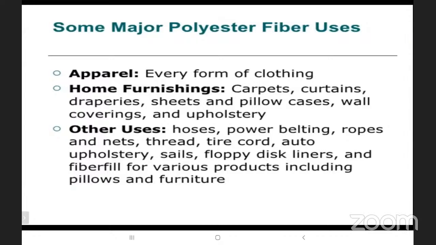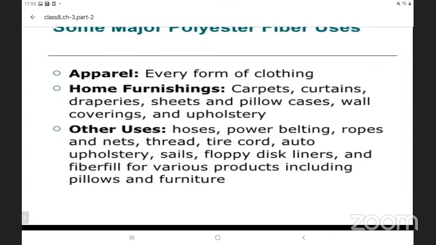And other uses: hoses, power belting, ropes and nets, thread, tire cord, auto upholstery, sails, floppy disk liners, and fiber fill for various products including pillows and furniture. So these are some of the uses of polyester fibers.